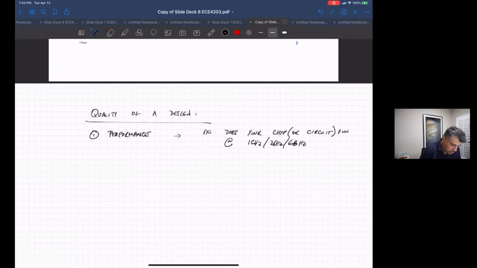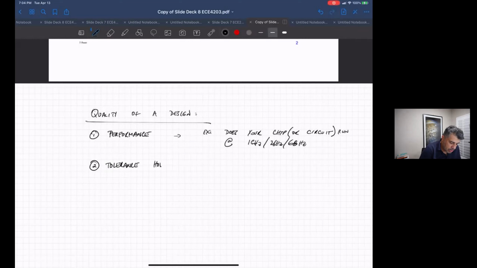Okay, so the second one is tolerance: how tolerant is the design, how unbreakable is the design. I don't know how you want to call it.